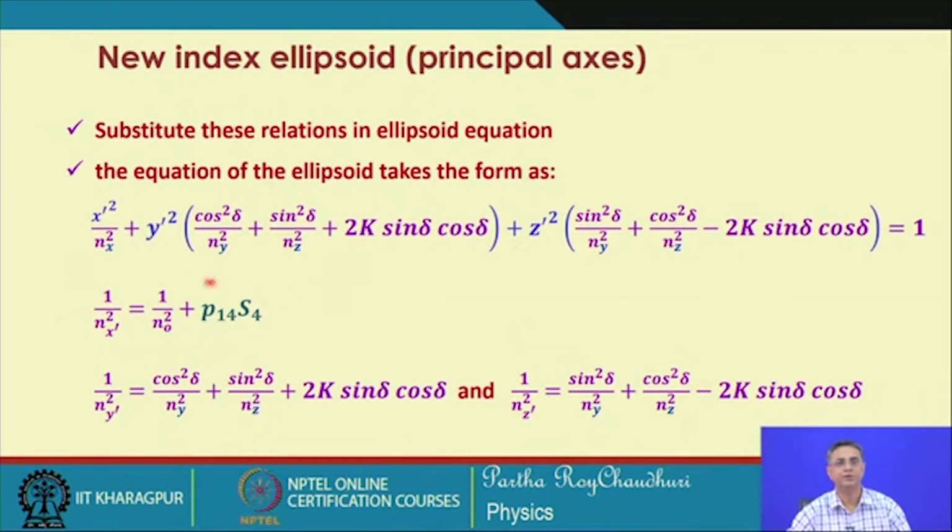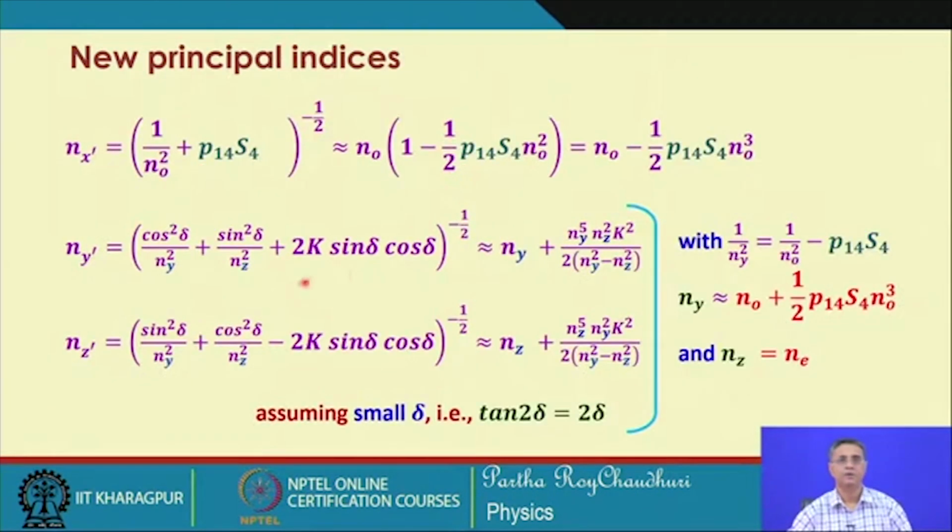So, this quantity will represent the new 1 by n x dash square, this quantity will represent the new 1 by n y dash square, and similarly this will be for 1 by n z dash square.